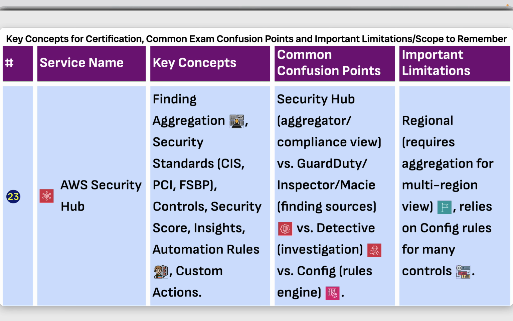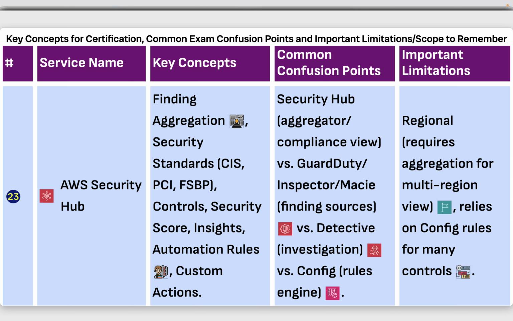Next, we have AWS Security Hub. Key concepts are finding aggregation, security standards like CIS, which is Center for Internet Security, PCI, which is Payment Card Industry, and FSBP, which is AWS Foundational Security Best Practices. Some more key concepts are controls, security score, insights, automation rules, and custom actions.